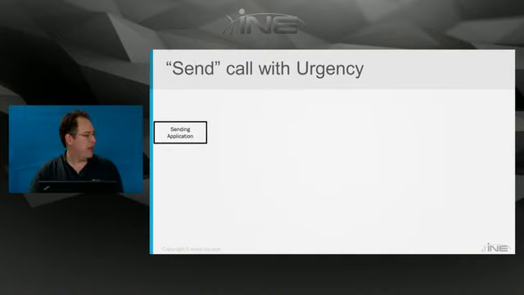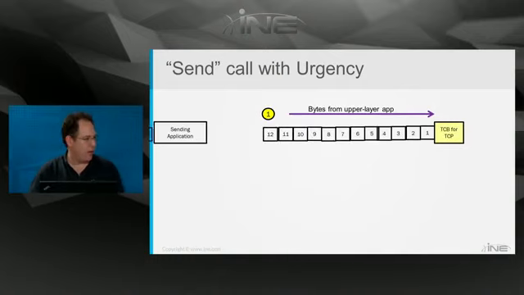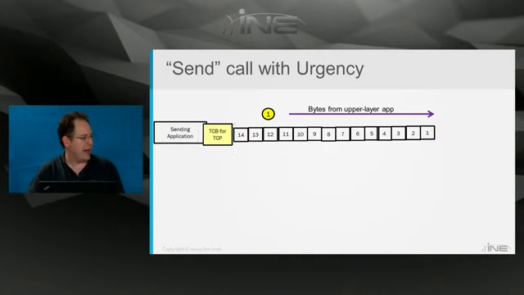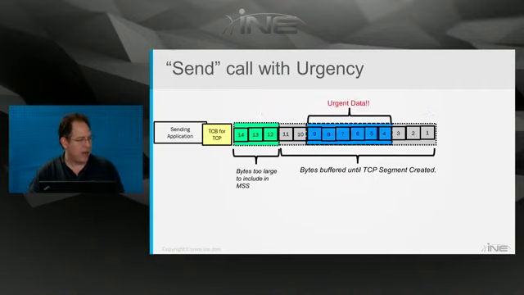So here's an example of that. Bytes from the upper layer application come in just like we saw before. They run through the transmission control block, and this time the sending application was actually able to indicate that some of those bytes were urgent, bytes 4 through 9, and now TCP is aware of that.